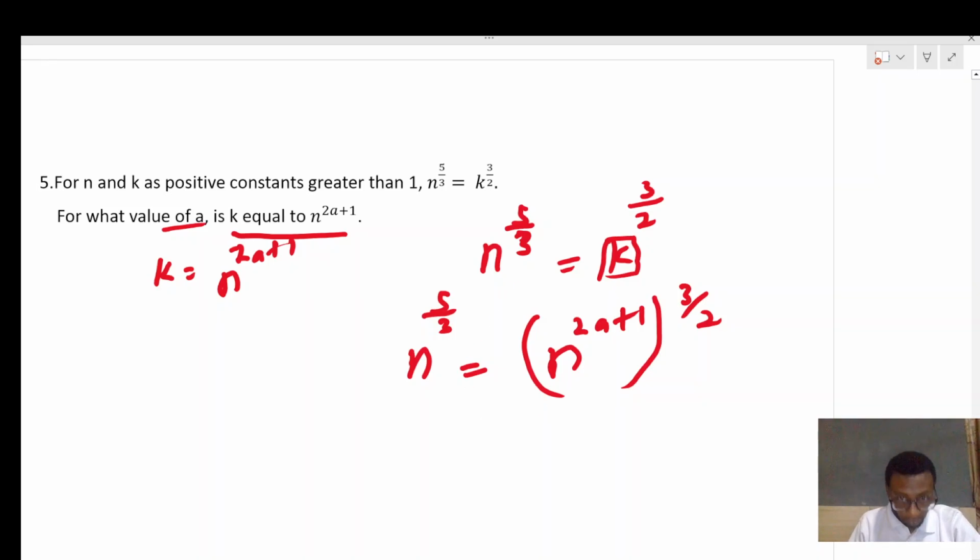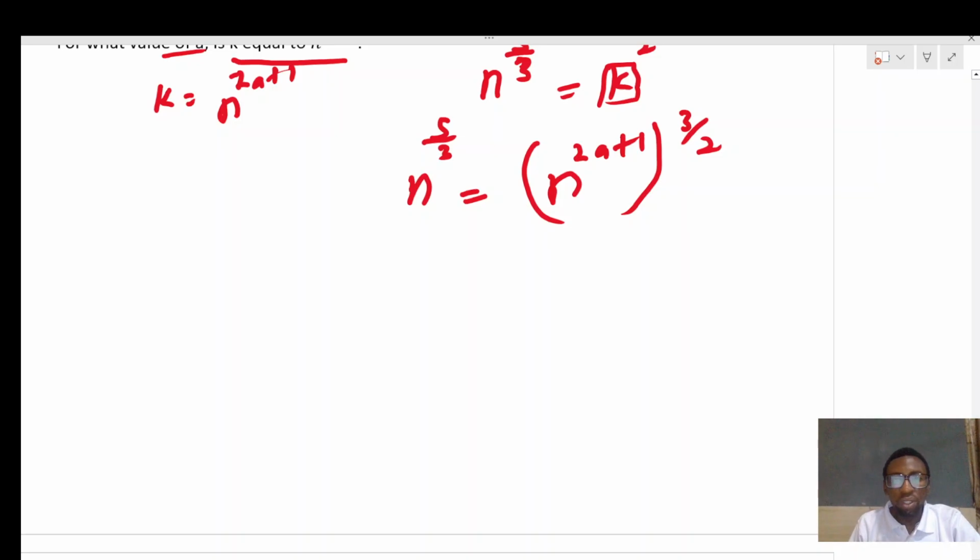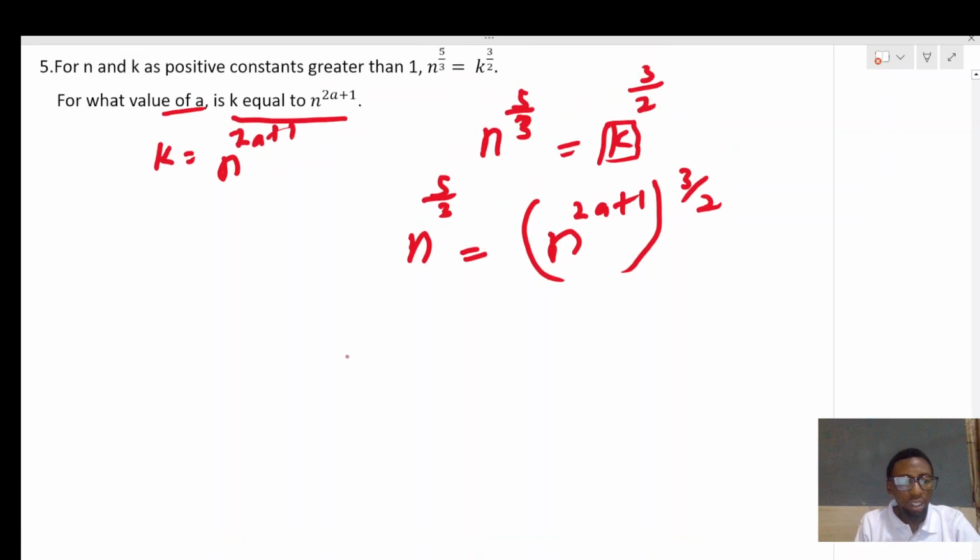So 3 over 2 multiplies everything here. 3 over 2 times 2a gives us 3a, and 3 over 2 times 1 gives us 3 over 2.